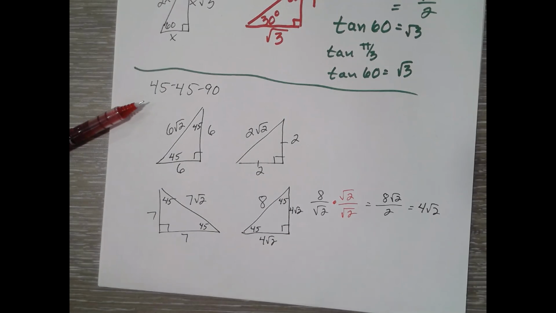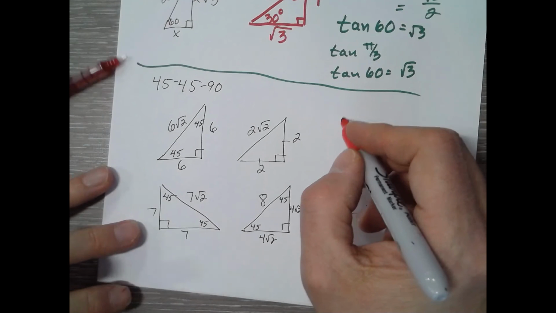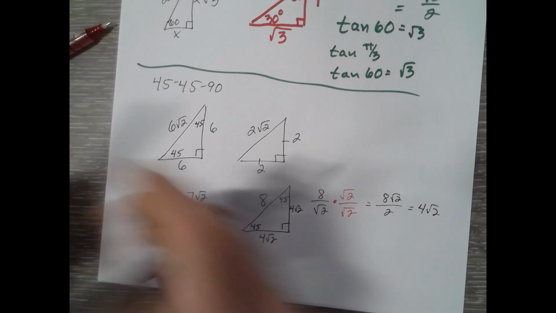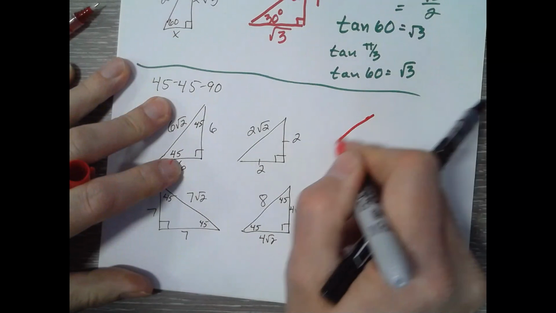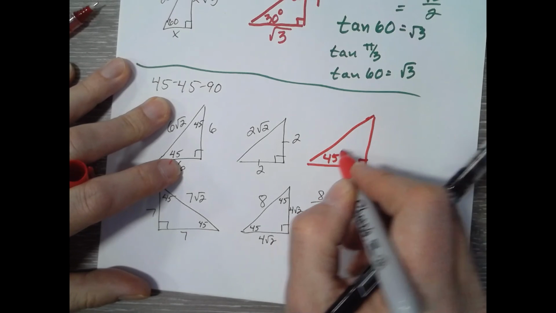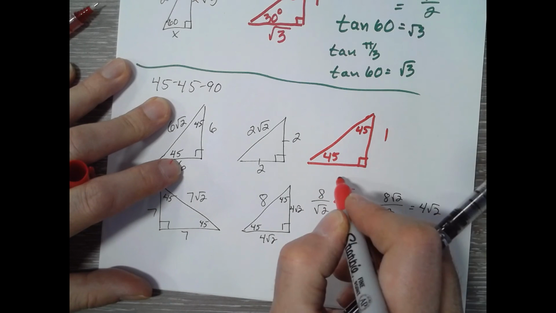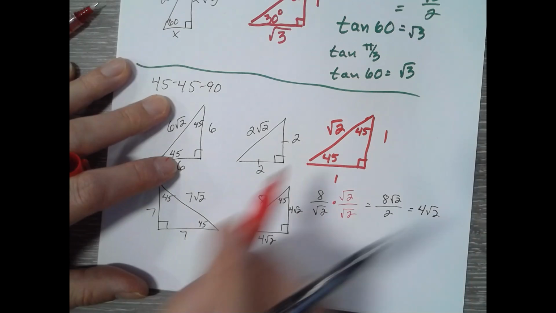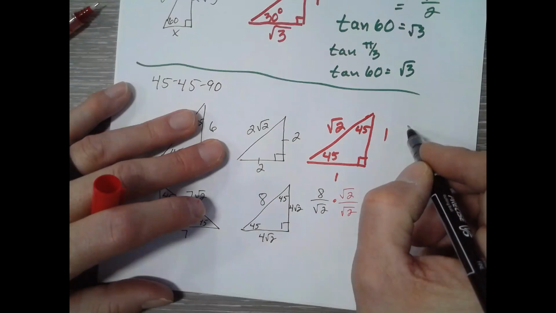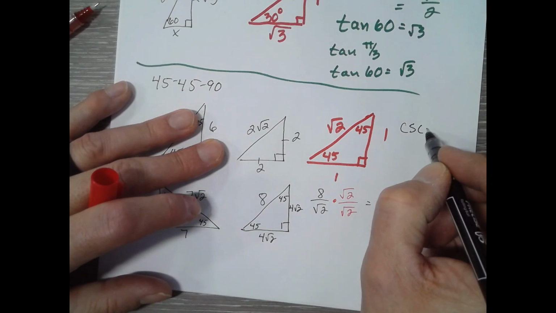Okay, I'll make the easiest one. I'll do it in red. The easiest 45, 45, 90 degree triangle is 1, 1, square root of 2. That's the one you're going to use almost always. So what is the cosecant of 45 degrees?